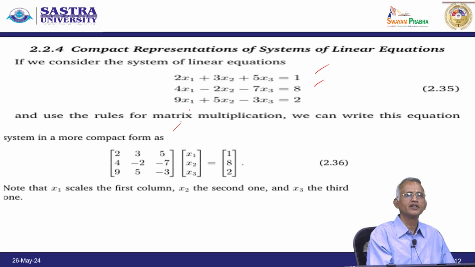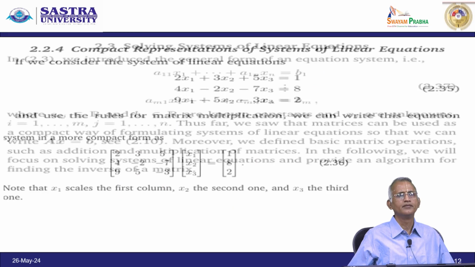Take the coefficients of x1, x2, x3: the first row is 2, 3, 5, the second is 4, minus 2, minus 7, the third is 9, 5, minus 3, and we have the unknown variables x1, x2, x3, which is equal to 1, 8, 2. Now, you see that x1 scales the first column, x2 the second column and x3 the third one. So, we represent this system with matrices. Now, you can easily solve the problem.